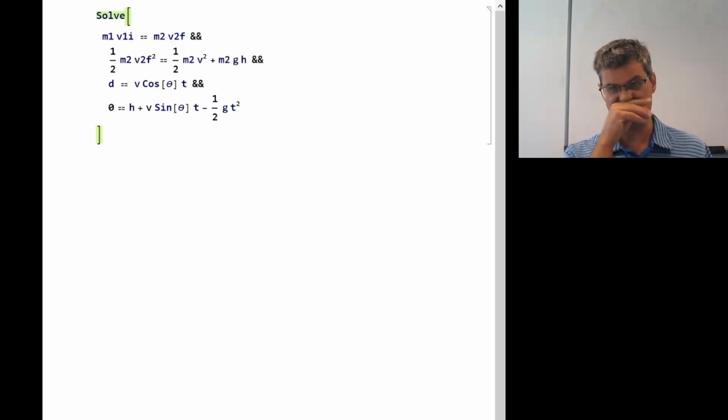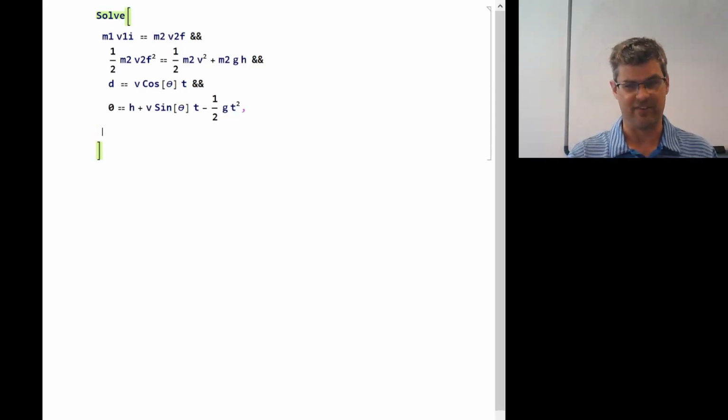These were the equations that we had. Now I'd like to solve this for the four unknowns. What four unknowns do we have? We had t, we had v, we had v2 final, and we had v1 initial.